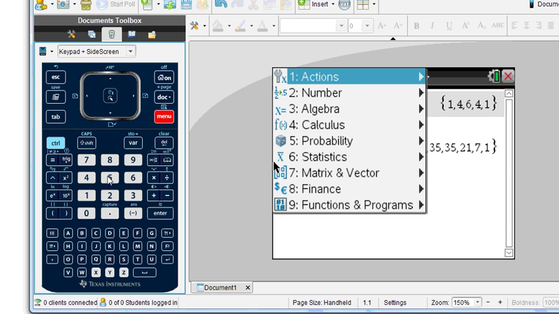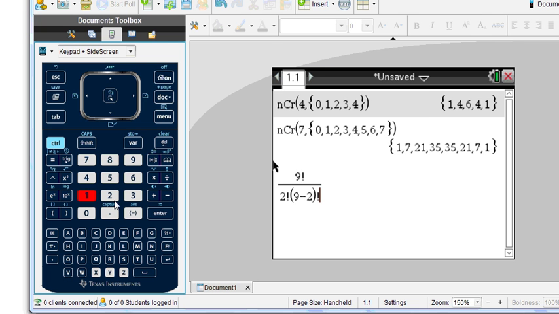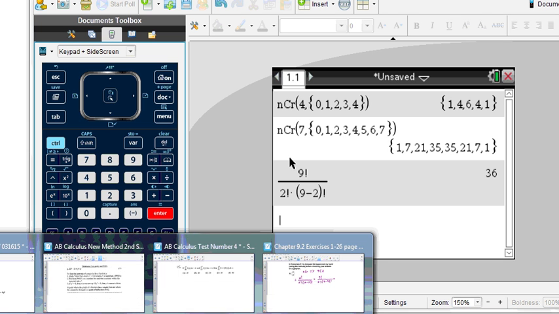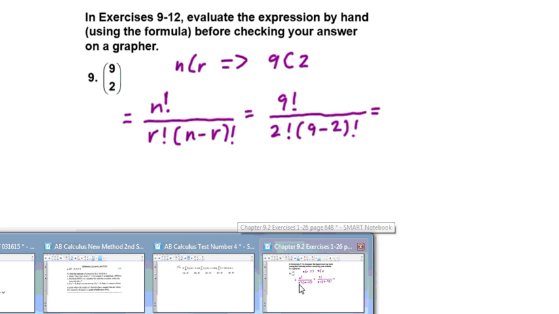We go to probability 1, and we press enter, we get 36. So 36 would be our answer, equals 36.